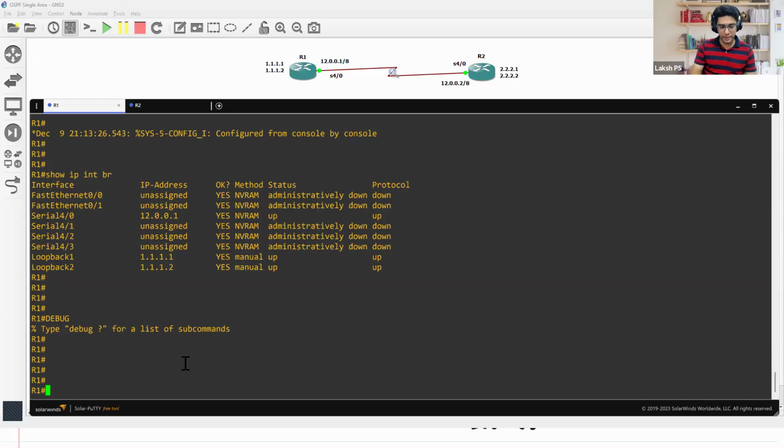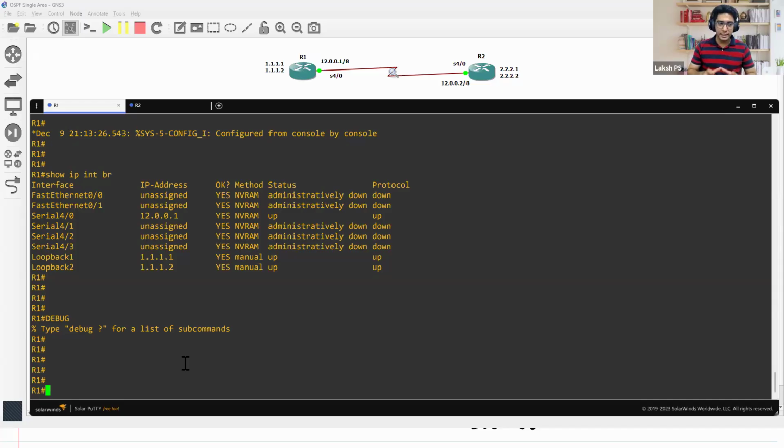It is keeping a note of it, like a ledger, as we call it in accountancy. But when you write the command debug, whatever it is noting down in the background, it will show us on the CLI as well.